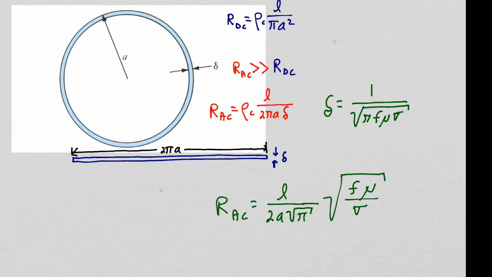Remember when we talked about the war of the currents and how AC transmission won over DC transmission in the late 1800s because you could use transformers to step up the voltage and step down the current and reduce the I squared R losses. But if you could do the same thing with DC, then you could get a transmission line with lower losses because you could always make the wire diameter larger.